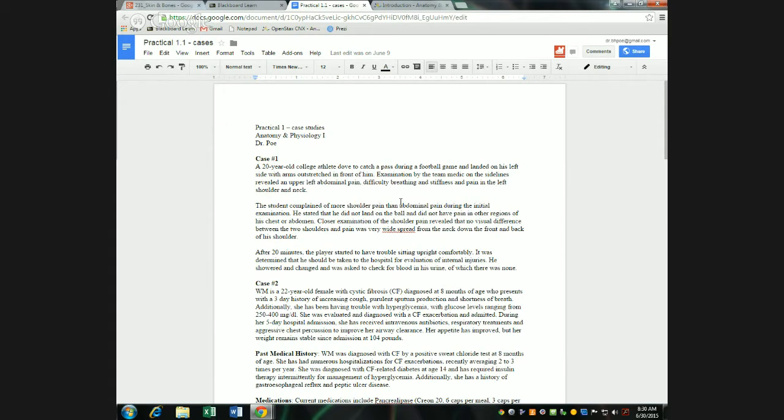The case isn't about you knowing the various organs, but more about the cavities and that sort of thing. So for that, you should know which organ's been damaged, what cavity it's in, and how to describe its position anatomically in relation to other neighboring organs.